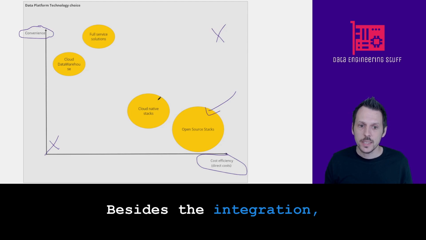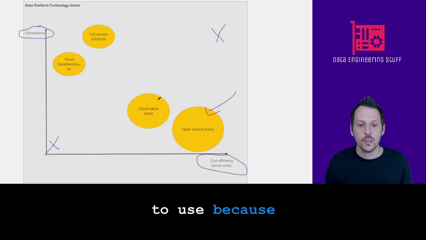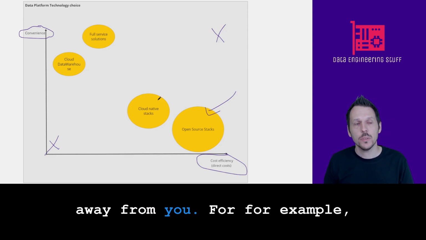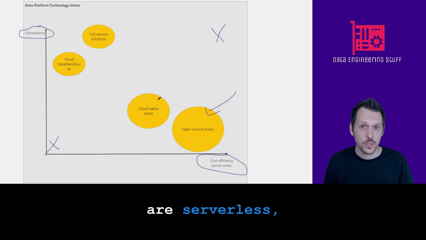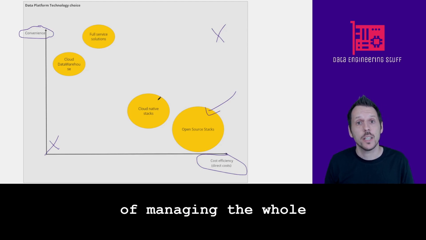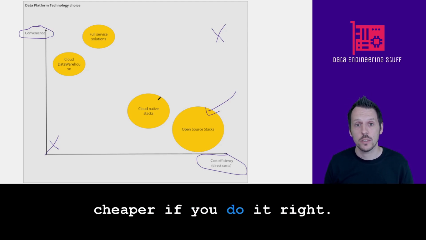Besides the integration, they are still quite complicated to use, because as they abstract many things away from you, for example, many of the things are serverless, which reduces the burden of managing the whole infrastructure, and could be cheaper if you do it right.